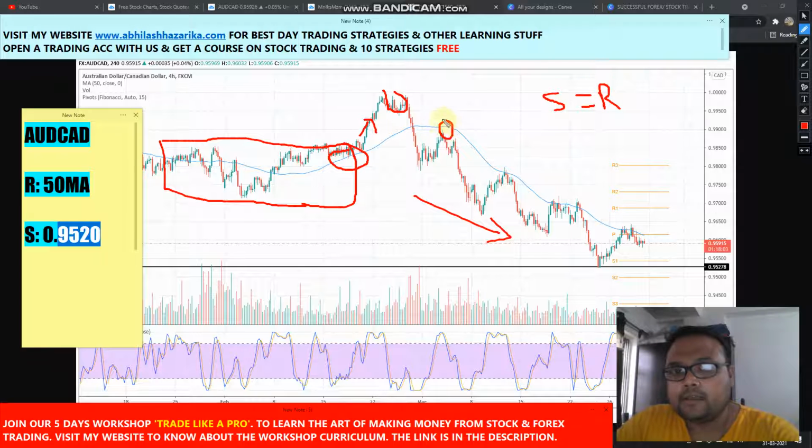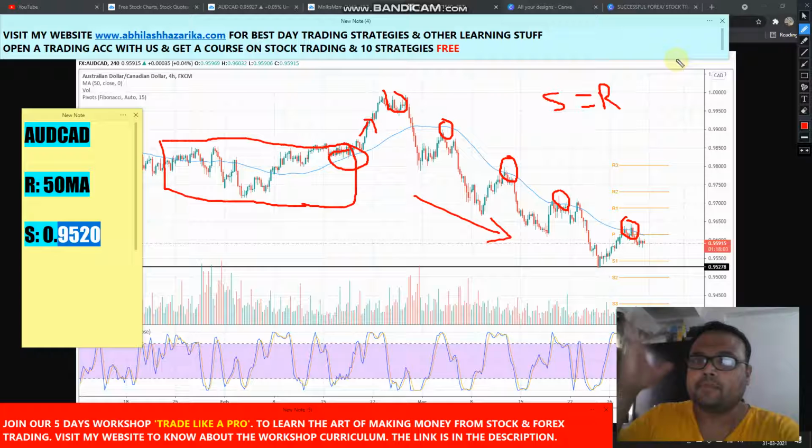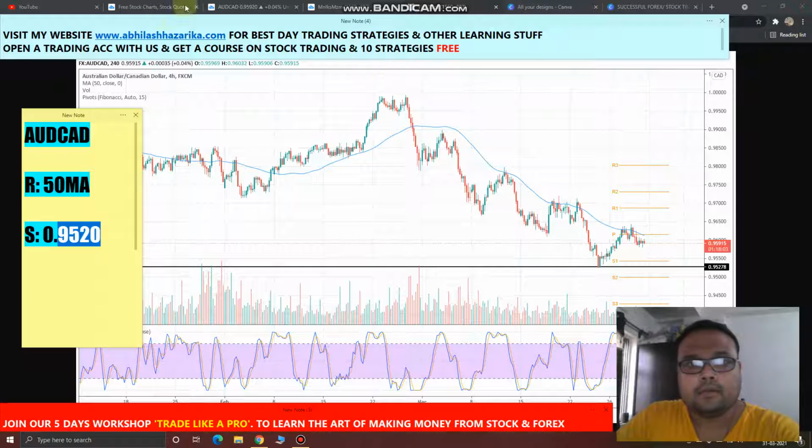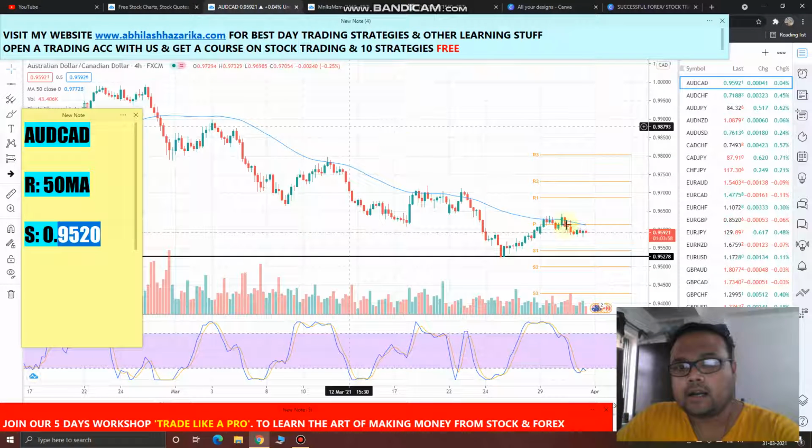And here you can see that the market is getting resistance from the 50 moving average all the time, and it is coming down. So we have the picture now. Overall, the market was in an uptrend, that's a different part, but right now the market is in a downtrend overall, since March, and this is the current market now.